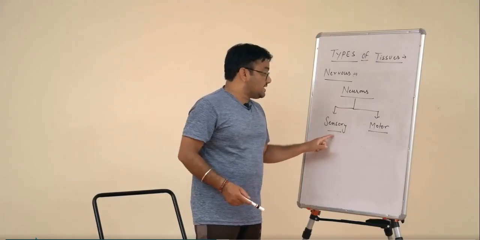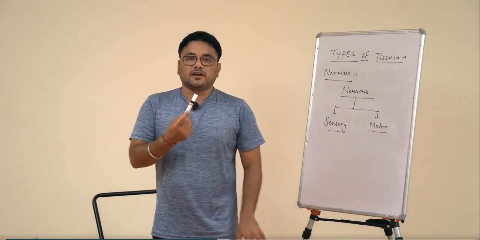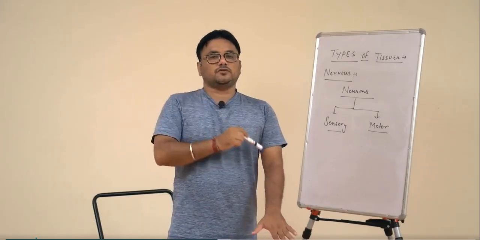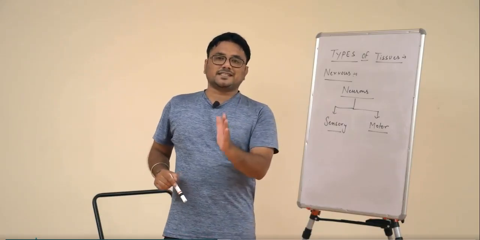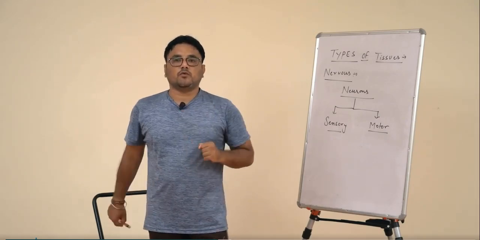So sensory brings the information from body to brain. Then the brain says, oh, something is painful, and sends the impulse back to your body, for movement. So the example for the nervous tissue is your sensory and motor. Sensory brings the information from body to brain, and the motor brings the information back from brain to body. Sensory is for sense, touch, pressure, temperature, etc. Motor is for the movement.